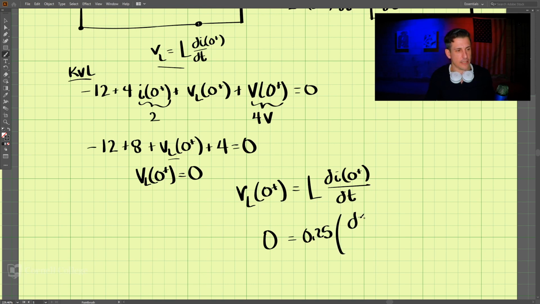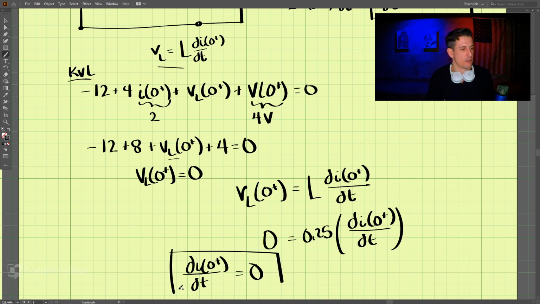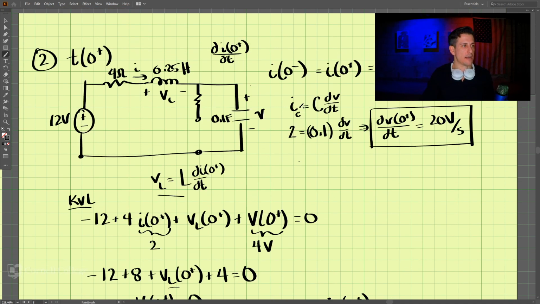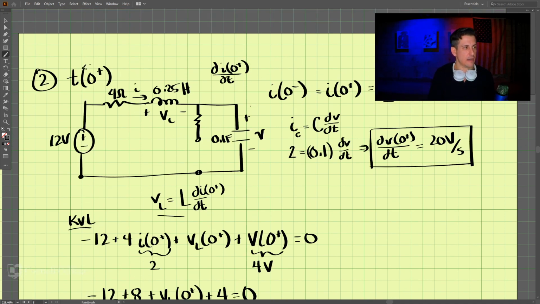And then we have dI(0+)/dt, which we're going to see is equal to 0. So dI(0+)/dt is equal to 0. So that is the second part, analyzing the circuit at t = 0+.